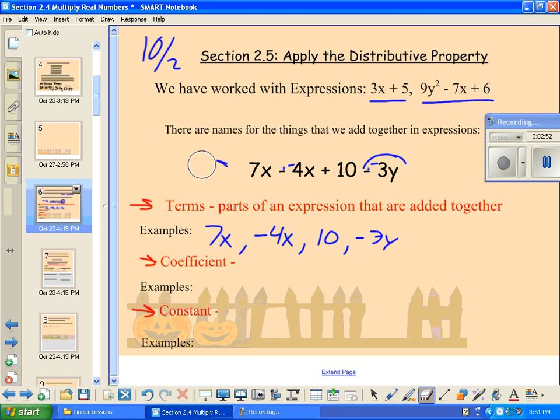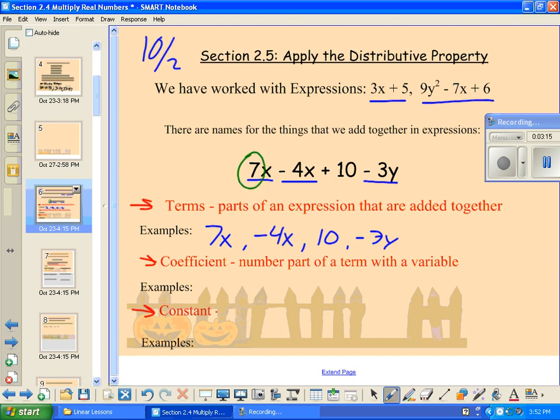Going on to the next one, the coefficients. Coefficients are the number part of a term with a variable. So we're only looking at the terms that have a variable with them. If I'm looking at my terms with variables, I would say 7x, negative 4x, and negative 3y. The coefficients I'm talking about, though, are just the number part right in front of the variable.